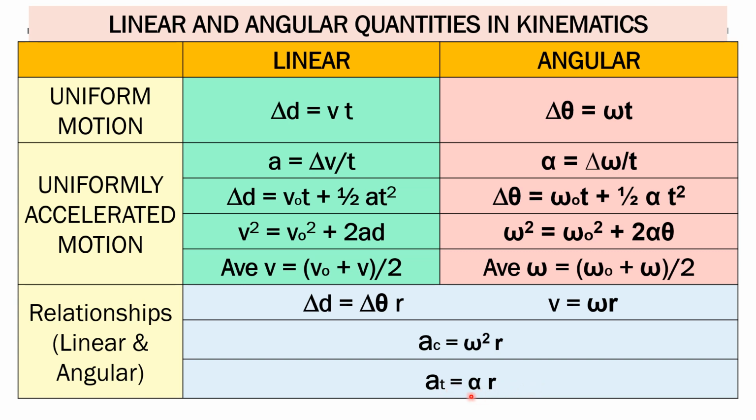Again, the relationship between tangential acceleration and angular acceleration is in terms of the radius r. So these are the equations, both for linear and angular quantities, that we will be using as we go through the questions.